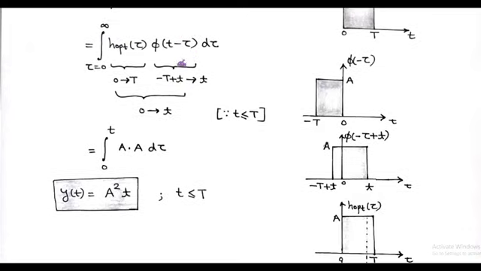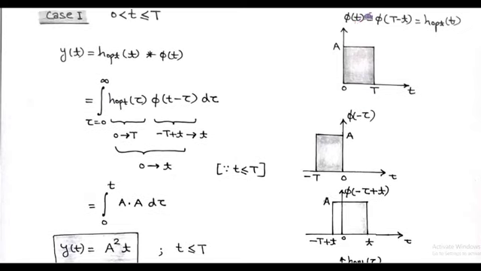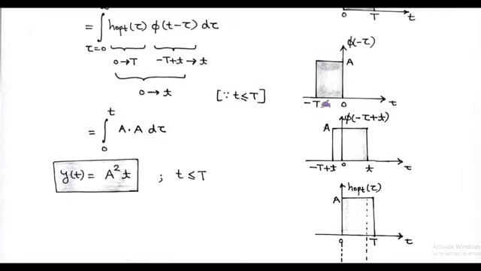So in the convolution formula we have to multiply h(tau) with phi(t minus tau). First we write phi(minus tau), that is a time reversal, simply putting t equals minus tau. After time reversal we make time shifting. Here plus t represents delay in time, so we move phi(minus tau) towards the right side by small t.